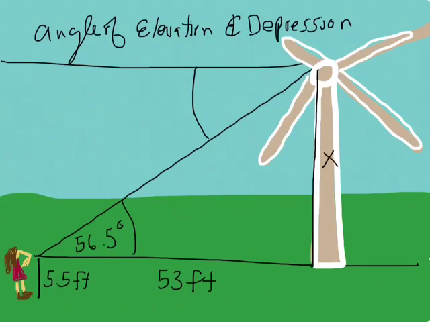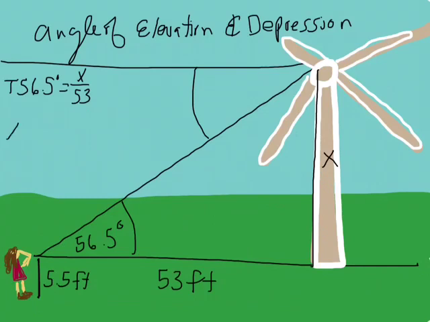And we know that the tangent, because we're looking at opposite over adjacent, the tangent of 56.5 degrees equals x over 53 feet. To get x on the side, we'll multiply both sides by 53.